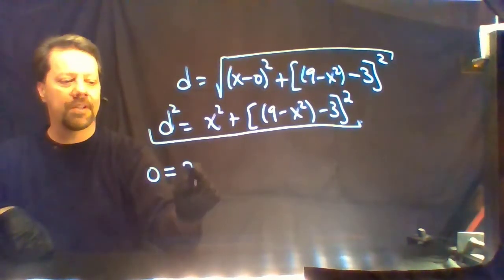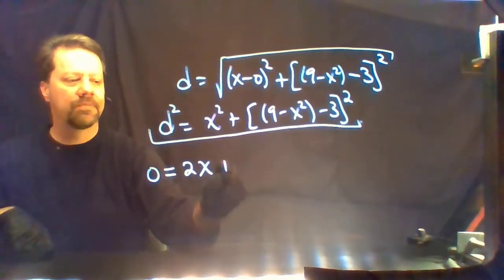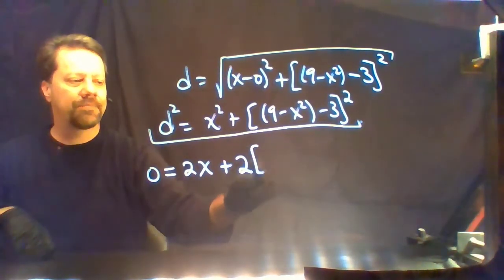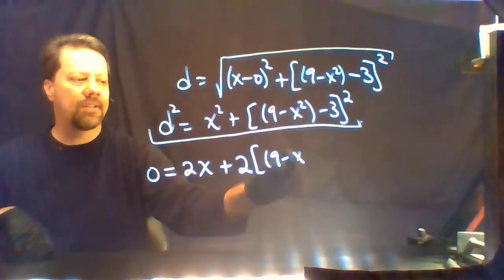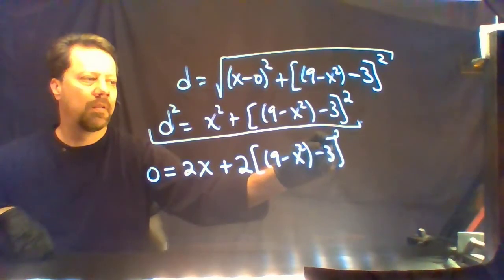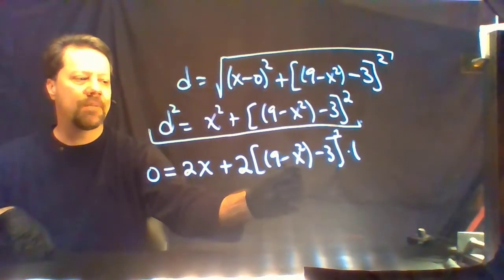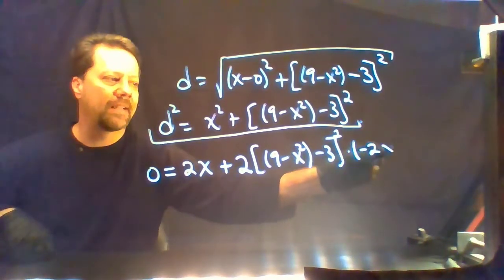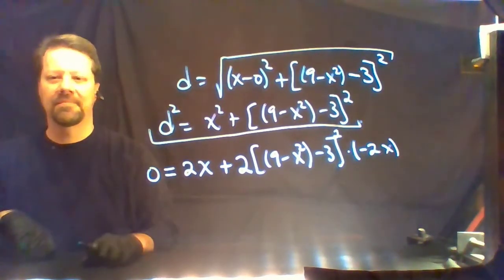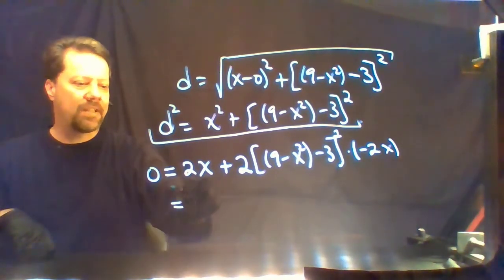The derivative of the first term is just 2x. Over here I'll use the chain rule. I'll bring the power down, leave the inside alone, but then I have to multiply by the derivative of the inside, which is negative 2x. You can see that we can factor a 2x out.